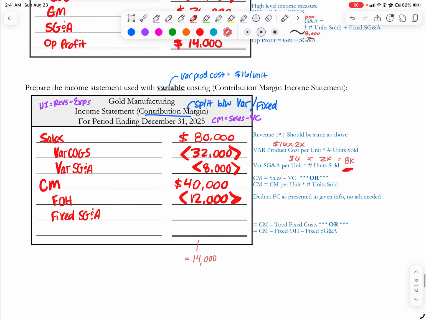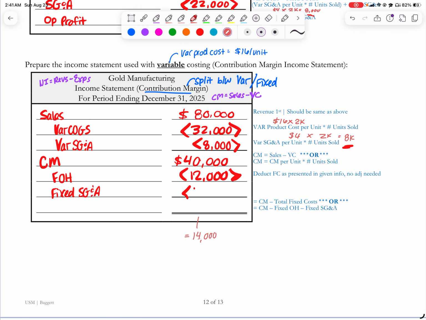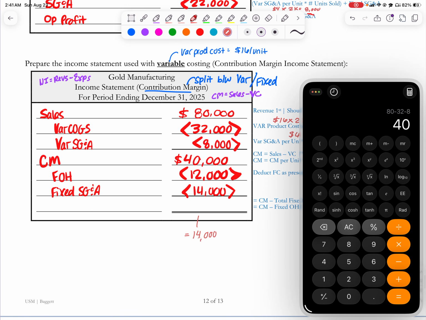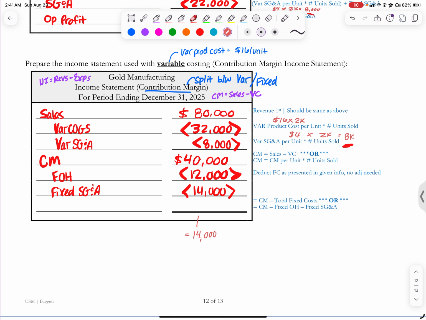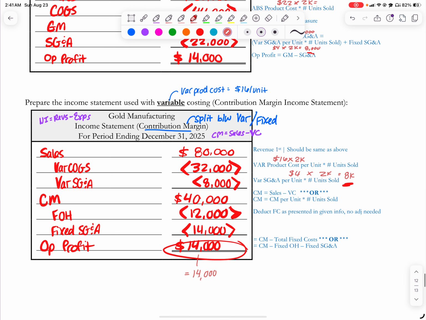All of it is period costs. Fixed SG&A, 14,000. So 40,000, that's left after deducting variable costs, minus 12 for fixed overhead, minus 14 for fixed SG&A, leaves me with $14,000 in operating profit here too.